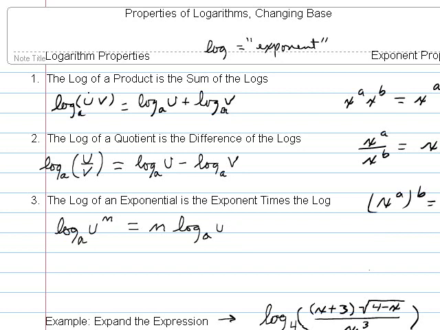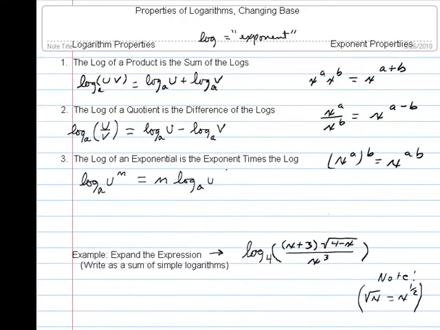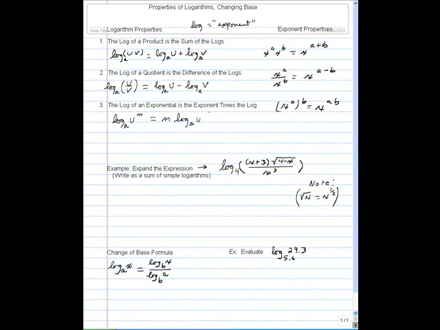Now you need to know these: the log of a product, the log of a quotient, the log of an exponential. Now, these things I gave you are not proofs. They're just kind of memory devices to think of basic properties of logs in the same way that you think of basic properties of exponents. I'll go ahead and do a proof here of the third one, just so you can see that they can be proved.